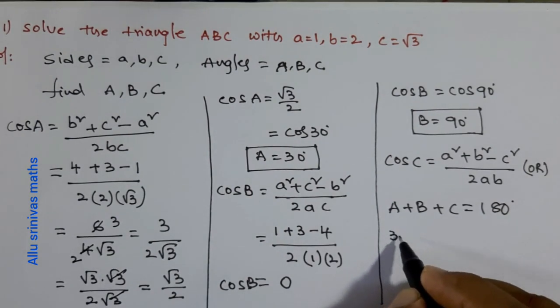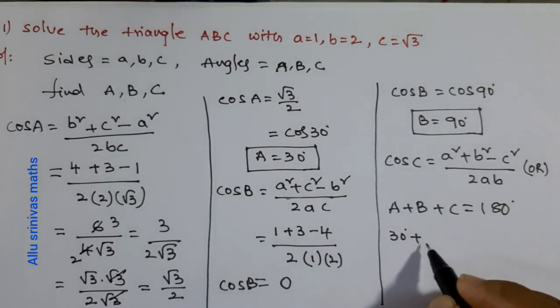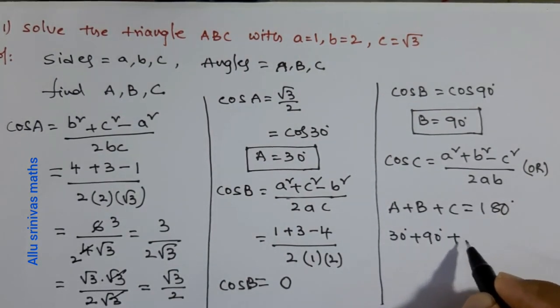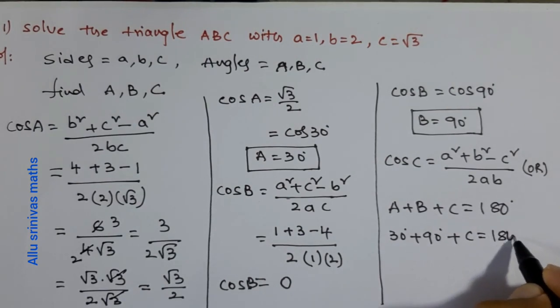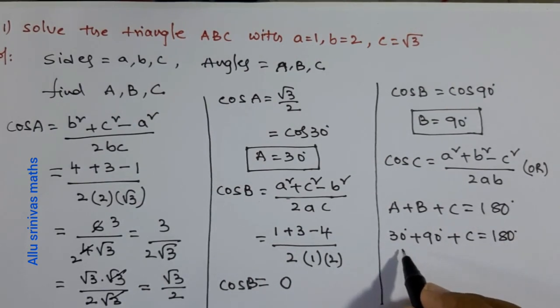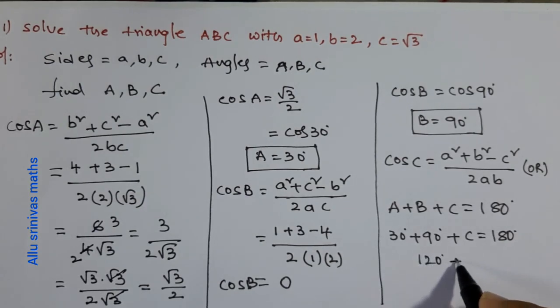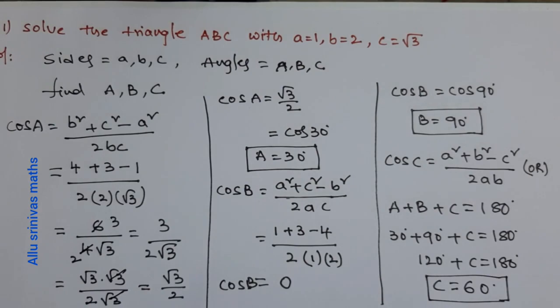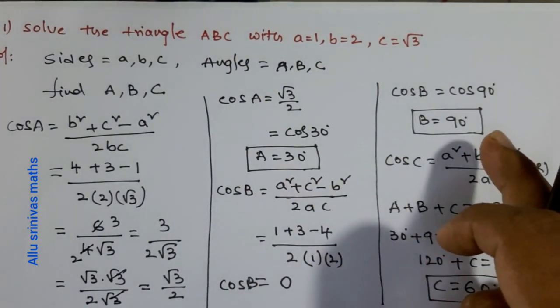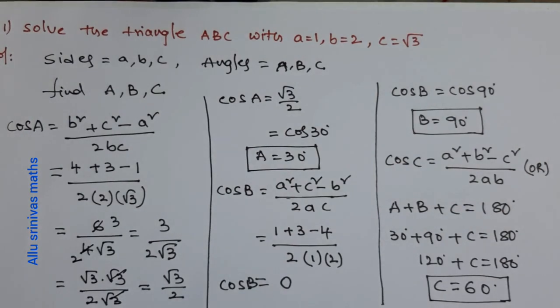Angle A is 30 degrees and B is 90 degrees, substitute in this and we get the C value. 30 plus 90 is 120 degrees, plus C equals 180, and then finally C equals 60 degrees. So angle A is 30 degrees, angle B is 90 degrees, angle C is 60 degrees. Thank you.